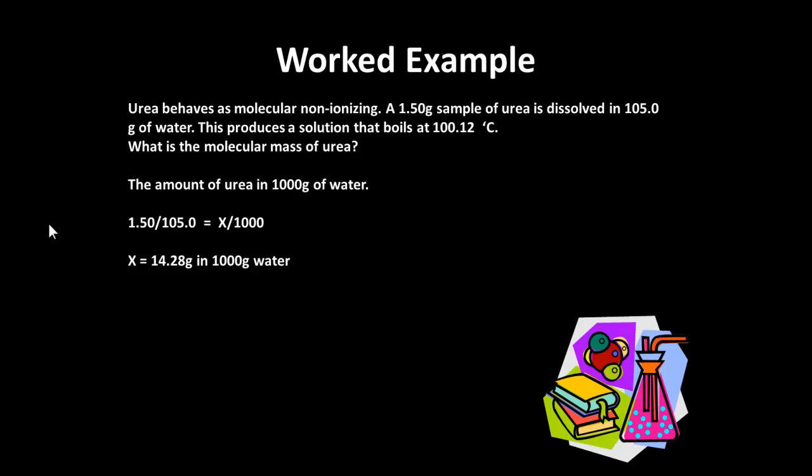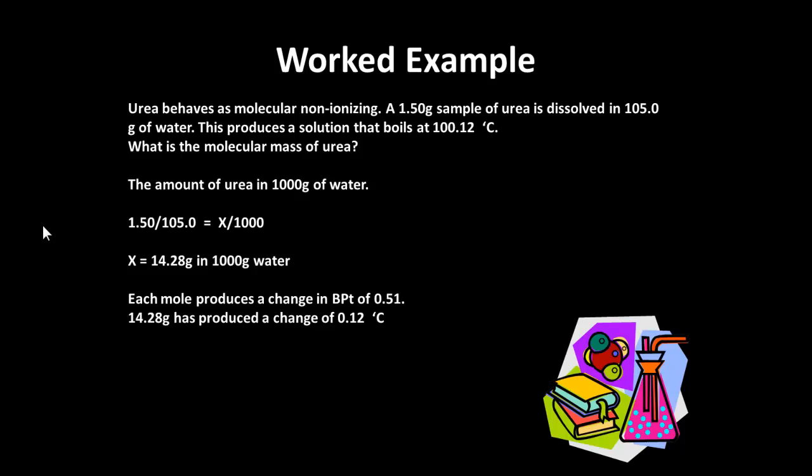Remember, I'm trying to find the molality here. So each mole produces a change in boiling point of 0.51, and we've got a change in boiling point of 0.12 produced by 14.28 grams.